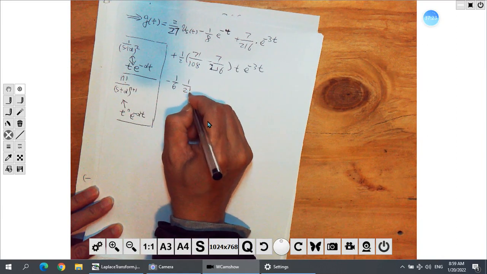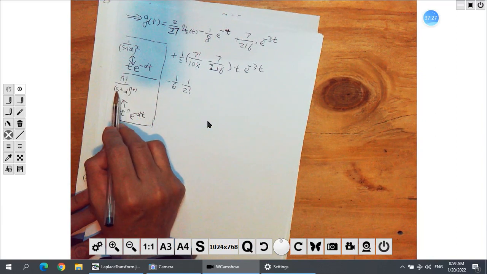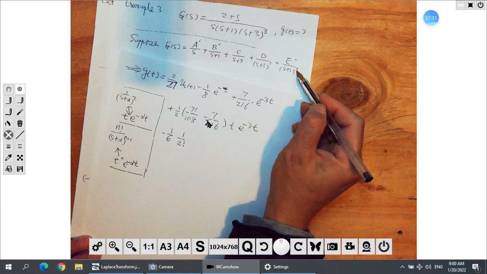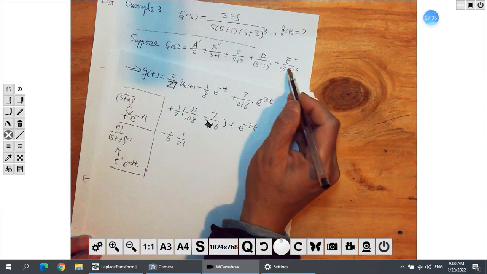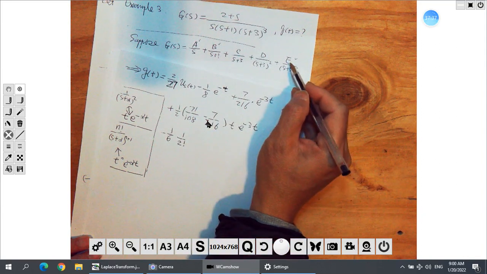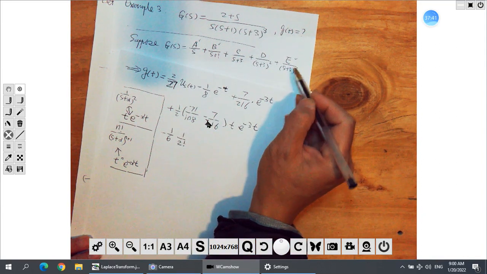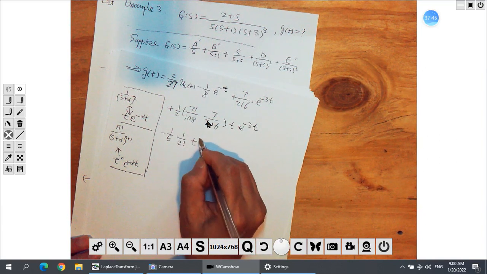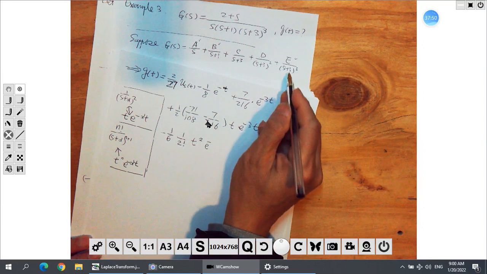Then I can add a factorial inside that 1 over s plus 3 cubed. So I divide by 2 factorial. Then inside part will be 2 factorial over s plus 3 to the power 2 plus 1. Then I can apply this term. I get t to the n, now n is 2, and e to the negative alpha t, which is 3t.